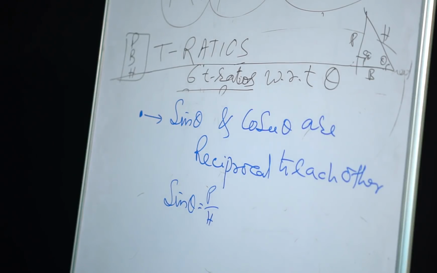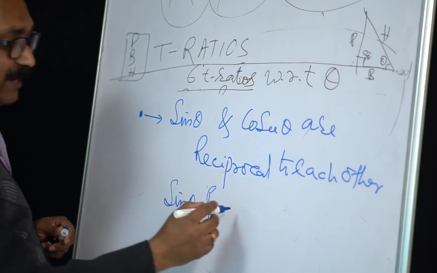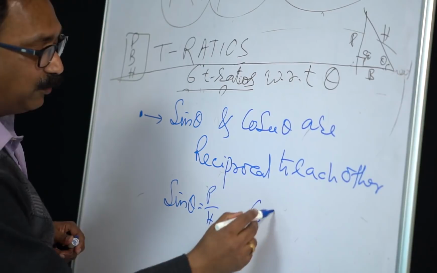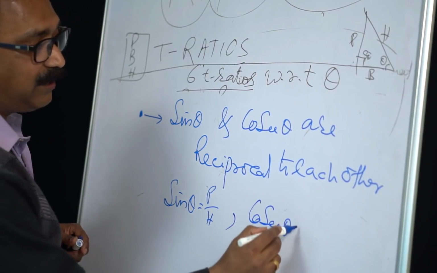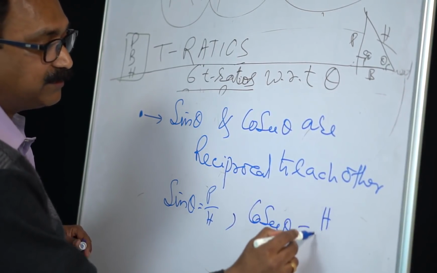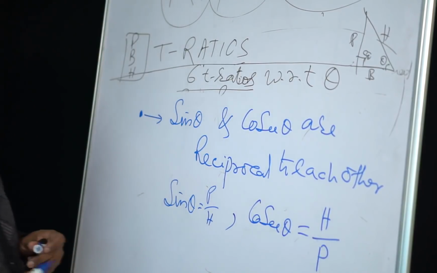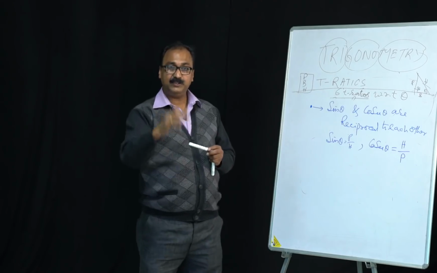Now if 3 is a number, the reciprocal is 1 by 3. That means just upside down, just opposite. So cosec theta, being the reciprocal, is equal to hypotenuse by perpendicular, just opposite. P by H, H by P.